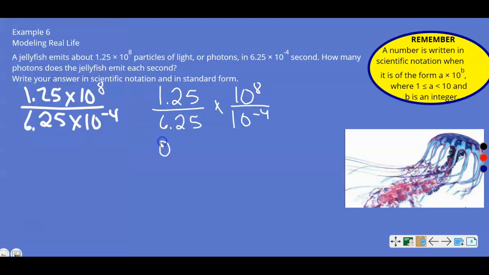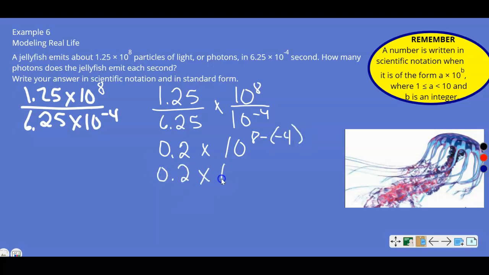So we can put 0.2, times 10 to the 8th divided by 10 to the negative 4th. So we can use properties of exponents here, same base. We subtract from top to bottom. So 8 minus negative 4. 8 minus negative 4 is 8 plus 4. 8 plus 4 is 12.